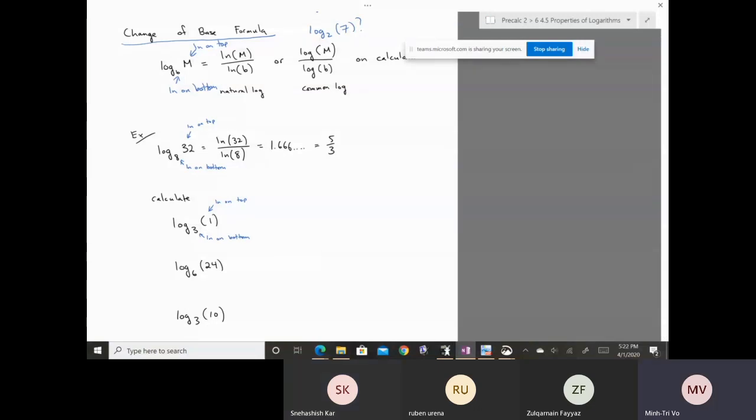I don't think you'll, at least in this class, you won't see one like that, because then it becomes much more complicated. Typically the logs in any kind of equation will have the same base, so you're not going to mix them together.